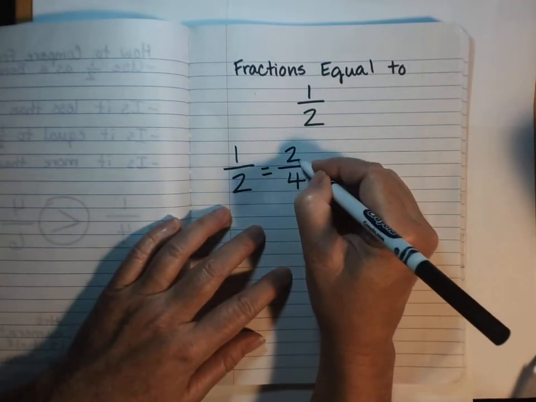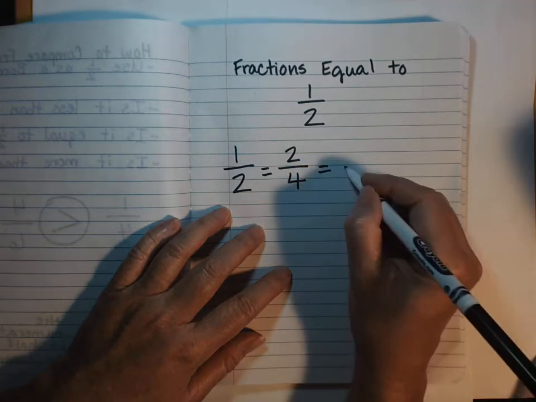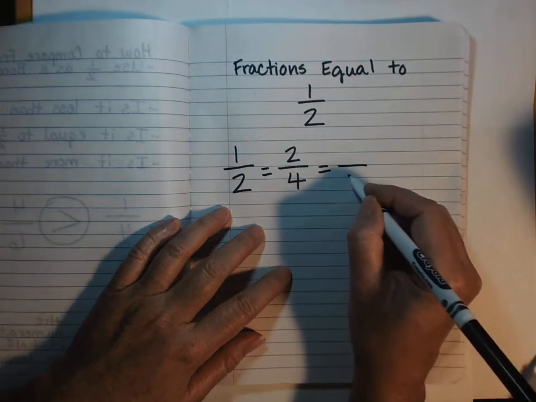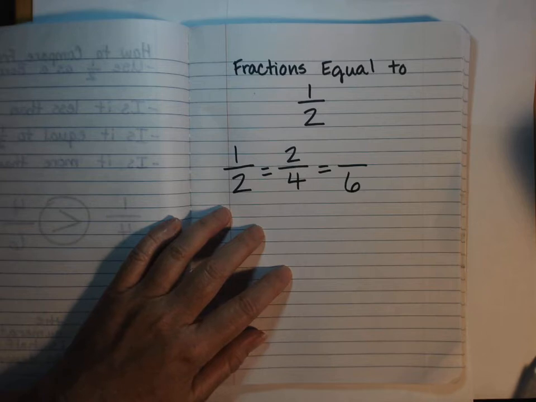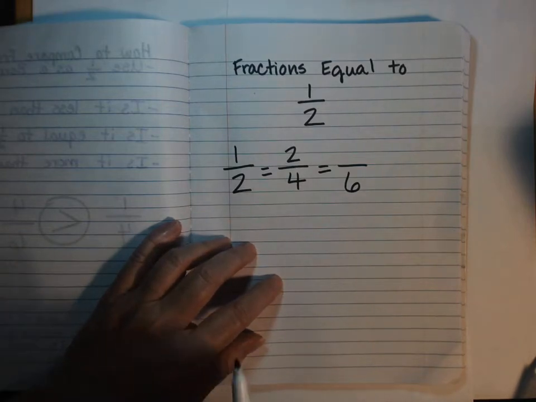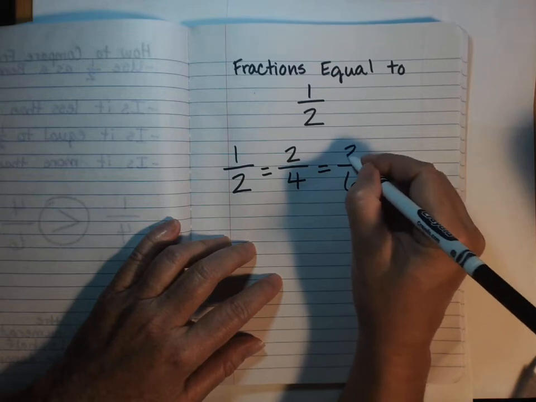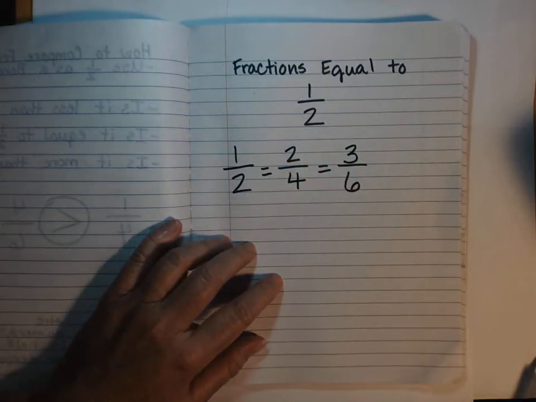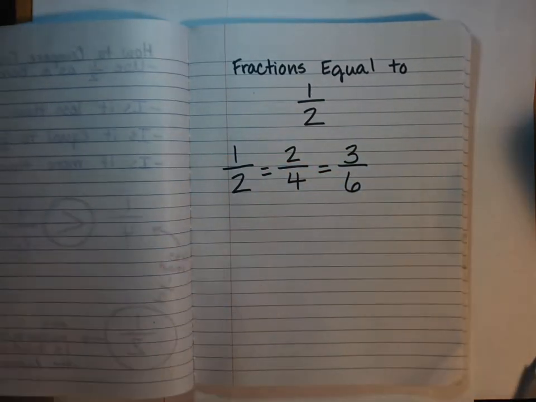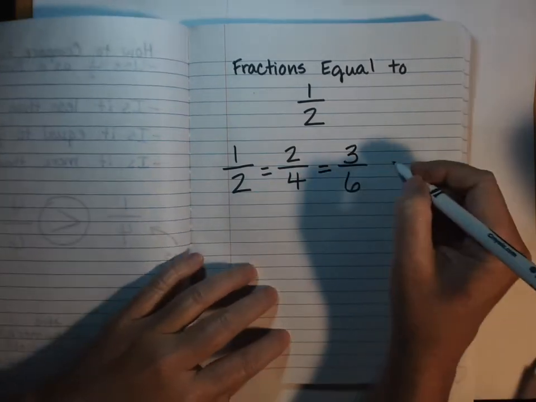So 2/4. If you have sixths, what is half of 6? 3 plus 3 is 6, or 3 times 2 is 6, so 3/6 is equal to 1/2.